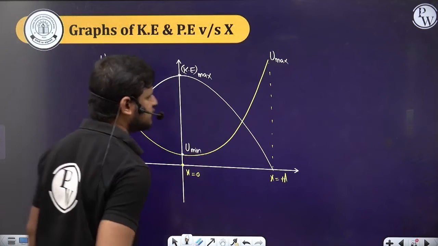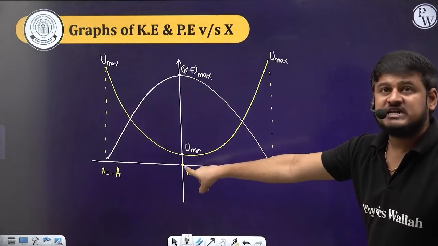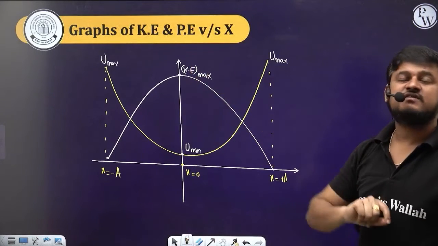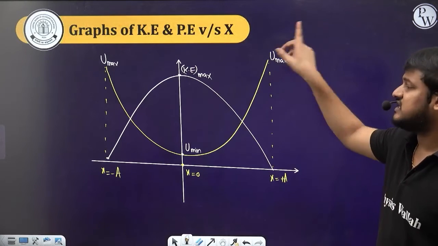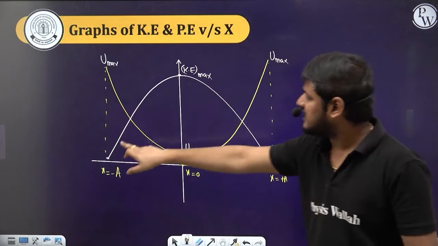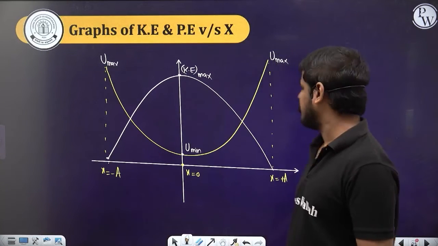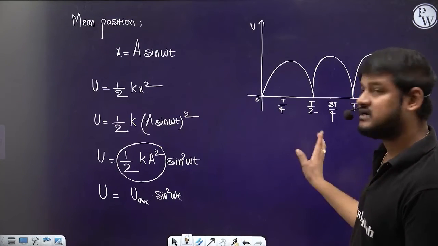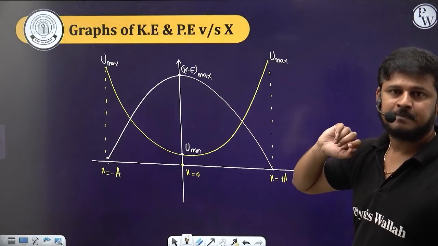Hope you guys understood now. Clear the graphs? Whenever the potential energy is minimum, the kinetic energy will be maximum. When the kinetic energy is minimum, that is 0, the potential energy will be maximum. Understanding this part? So both the graphs I drew in one. Clear?